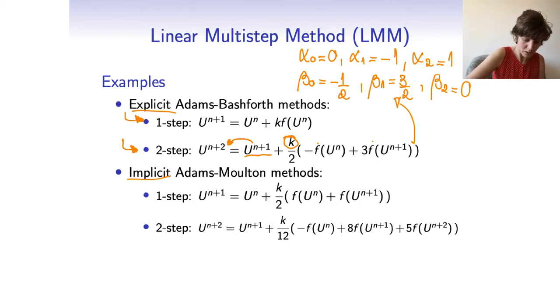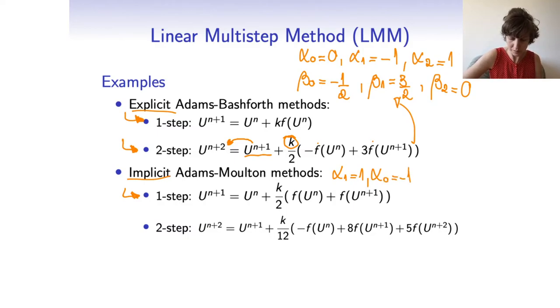This first one here is the trapezoidal method. So we can see here that our alpha 1 equals 1, alpha 0 equals minus 1, beta 0 equals 1 divided by 2, and beta 1 equals 1 divided by 2. Okay? And now we have this other method here.